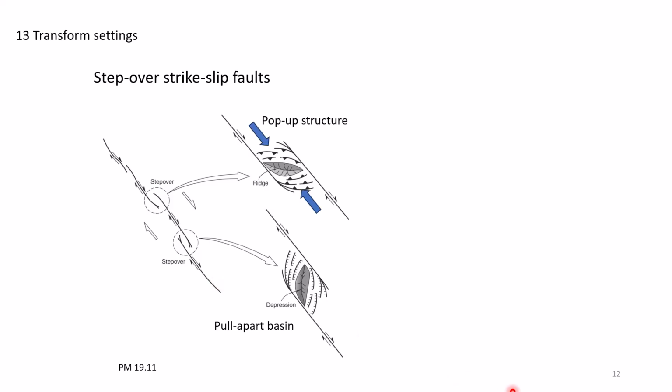So important in pop-up structures, the geometry of the strike-slip shear sense and the step-over requires contraction and the formation of contractional faults, whereas in pull-apart basins we find the opposite. Obviously, according to the name, we are pulling apart the two blocks, creating normal faults and depressions into which young sediment can be deposited.